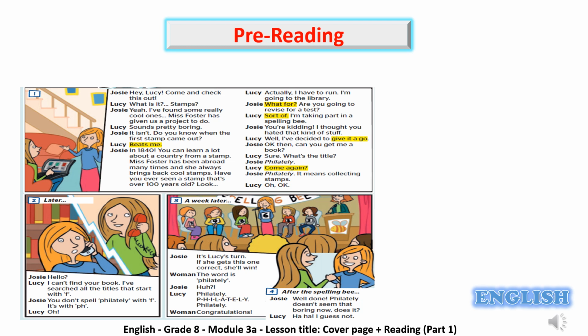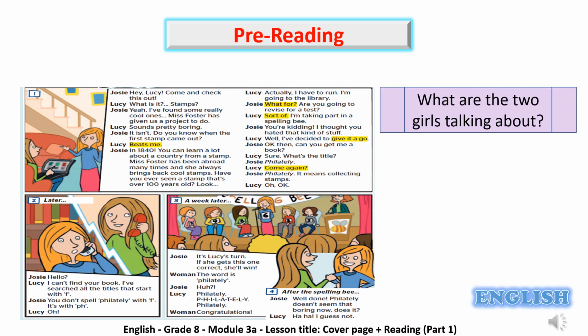The word is philately. Huh? Philately. Philately. Philately. Congratulations! After the spelling bee. Well done! Philately doesn't seem that boring now, does it? I guess not.